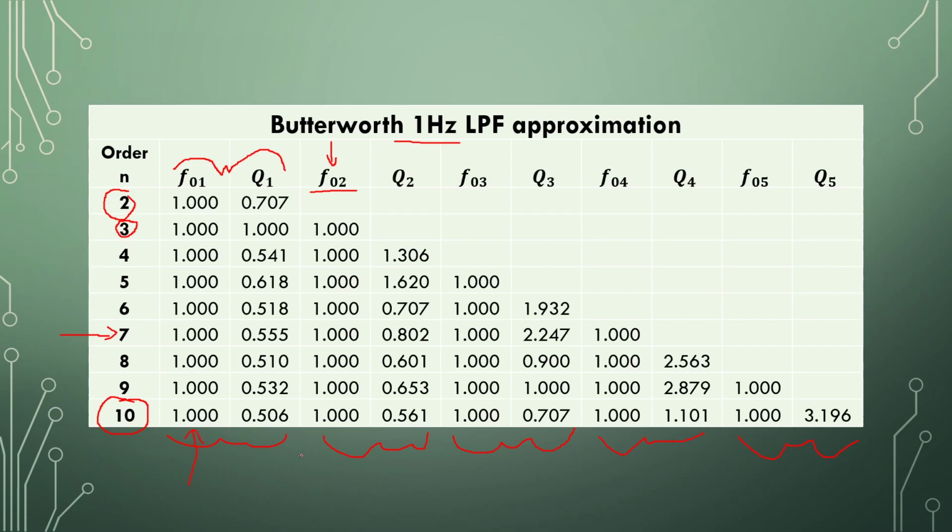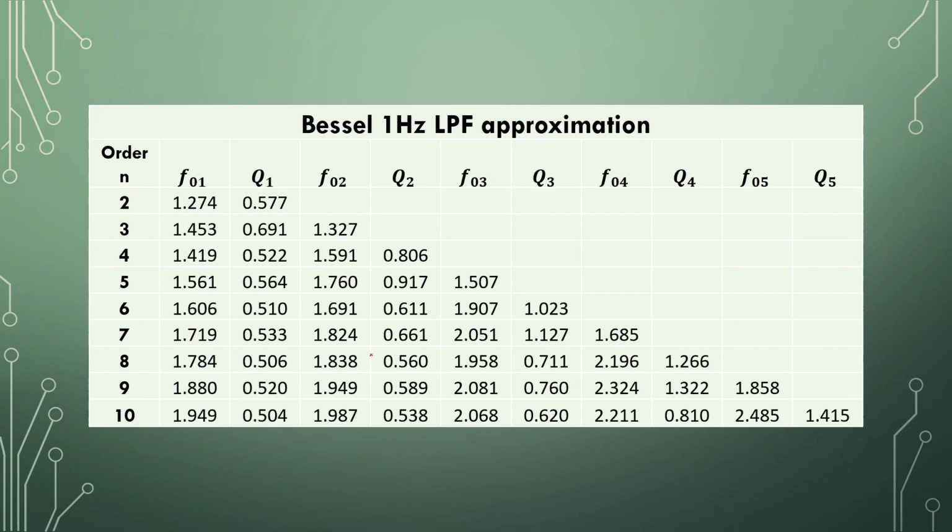The Butterworth is the easiest to design. As you can see, all the frequencies throughout will be the frequency that you design for. In any case, it's the Q factors that are important. Okay, for Bessel, there will be different frequencies, and you can see that they are kind of spread out across the spectrum to give you that very long cut-off rate in the end.